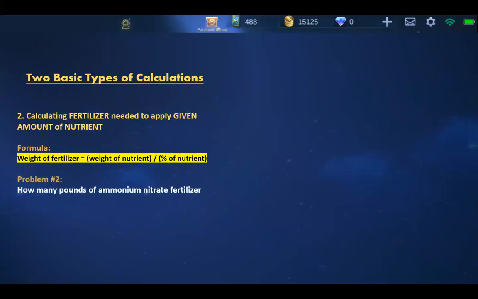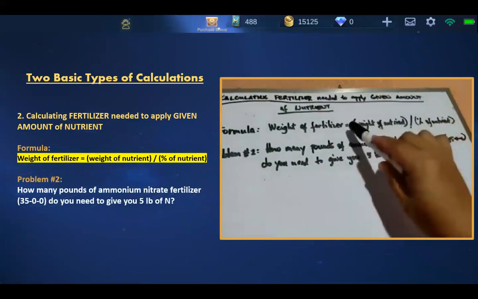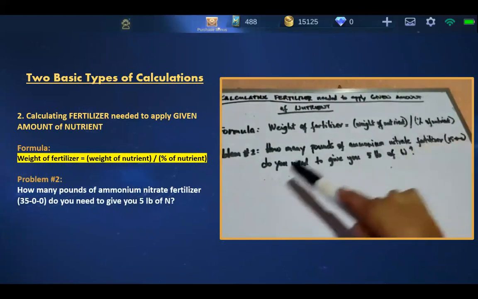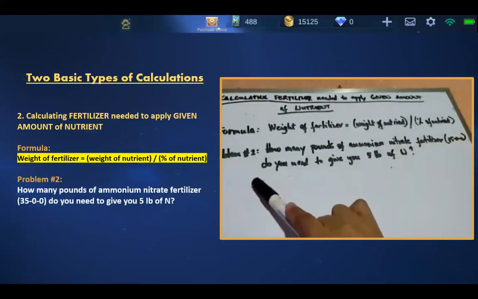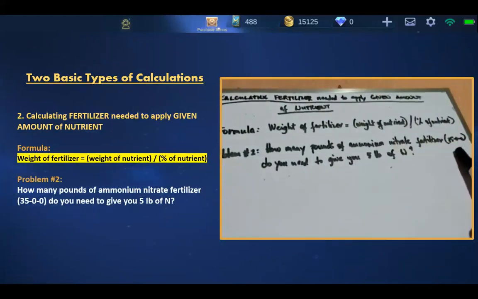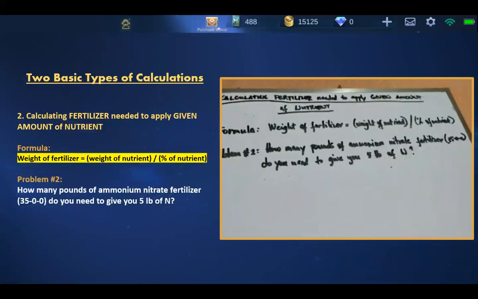How many pounds of ammonium nitrate fertilizer, which is 35-0-0, do you need to give you 5 pounds of nitrogen?